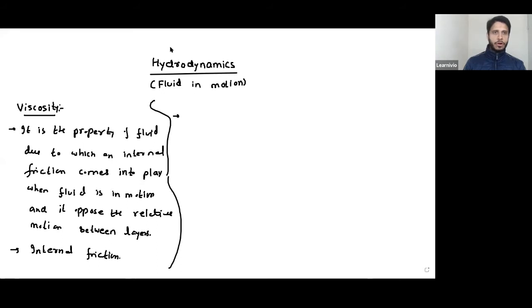So if I draw different layers, this is the surface. This is the fixed surface. If I draw different layers of the fluid, say this is the first layer. I'm just drawing different layers here.